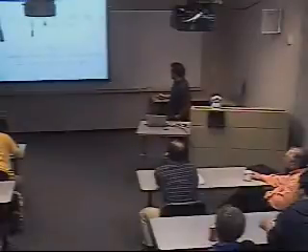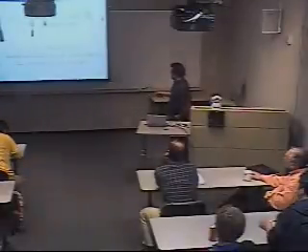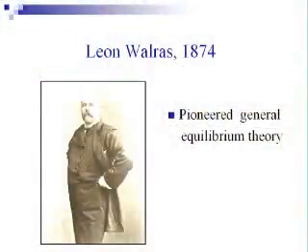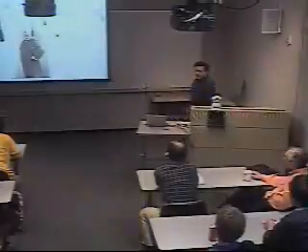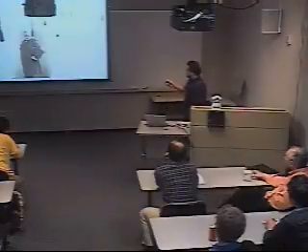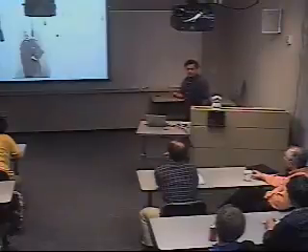So let me give you a very brief historical introduction to this general equilibrium theory. So this theory was pioneered by Leon Walras, a French mathematician, economist rather, and he gave some very critical fundamental models for this theory.